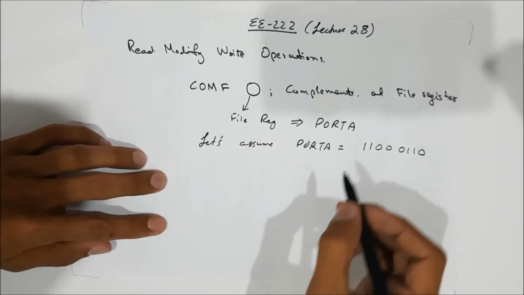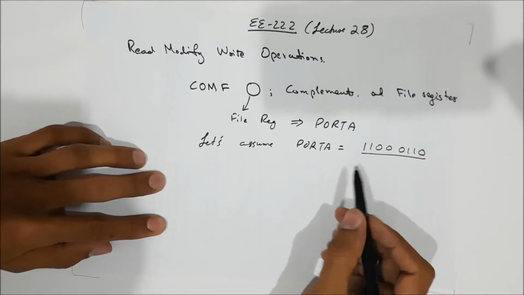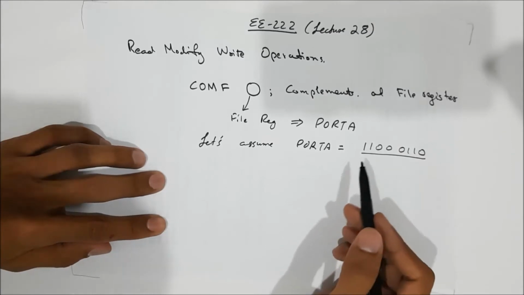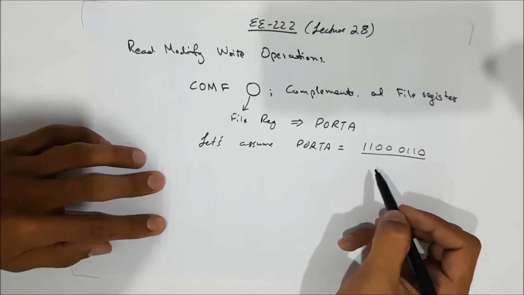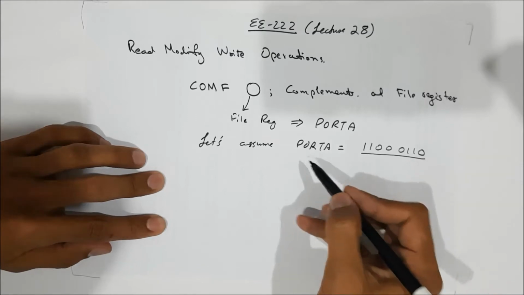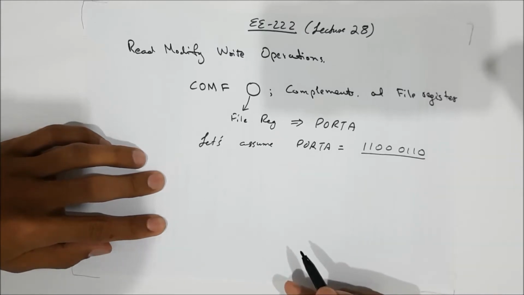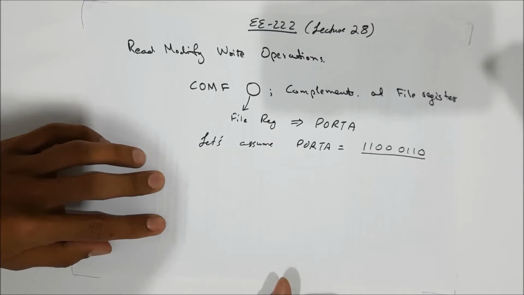Now when we want to complement this number, our processor will first read it, then it will change the ones to zeros and the zeros to ones, and then write the modified version back to the port A. And that complement operation will be performed in a single instruction, not a single machine cycle, but a single instruction. There can be many different micro operations involved in this one.